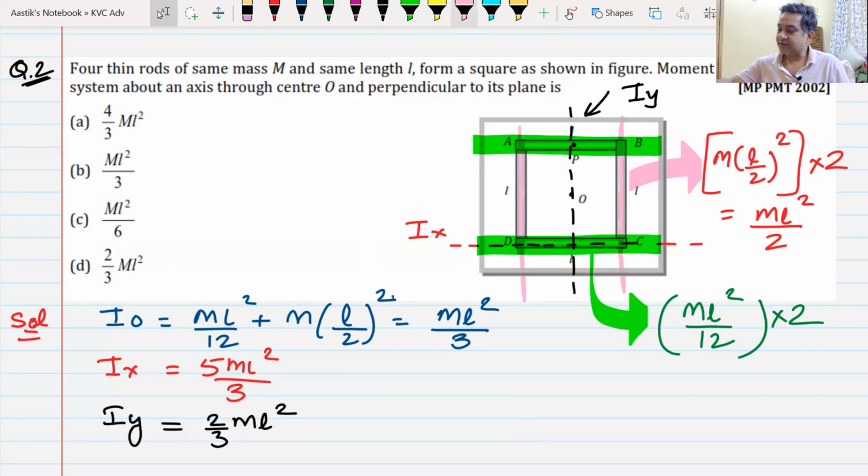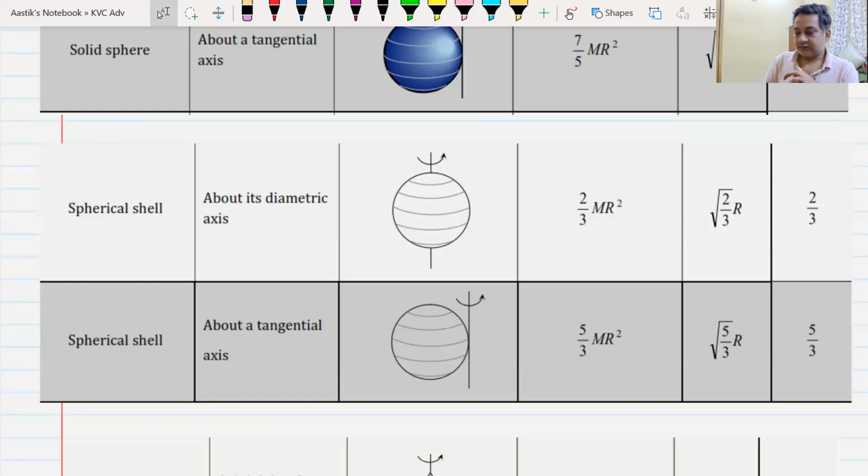Why 3 different answers? 1, 2, 3. Distribution of mass around the axis. Why are there 2 different answers here? It is also the same there. Distribution of the mass around the axis.